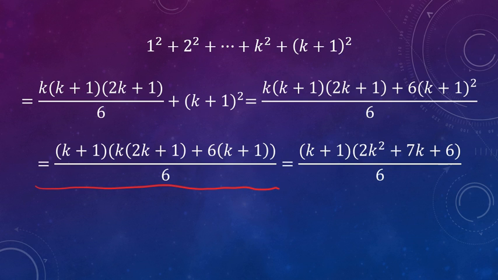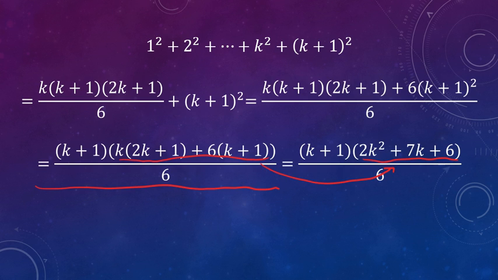So we distribute the k into the 2k and the 1, and we distribute the 6 into the k and the 1. We multiply things out, we recombine like terms. That leaves me with k plus 1 times 2k squared plus 7k plus 6, all of that over 6. So all we changed from the first half of this line to the second half of this line was this thing became that thing there.